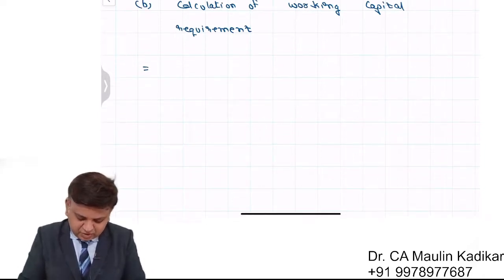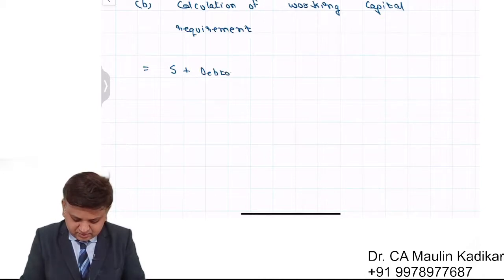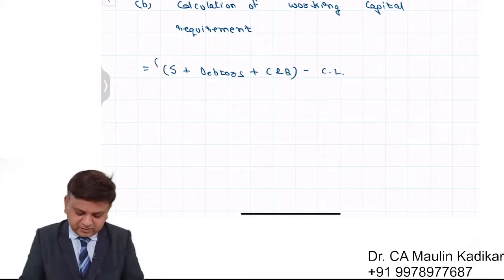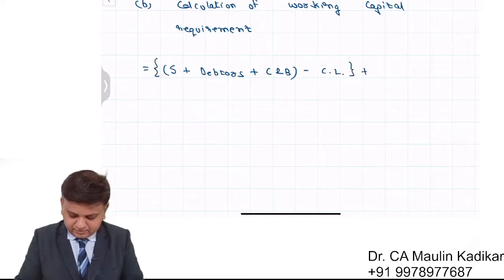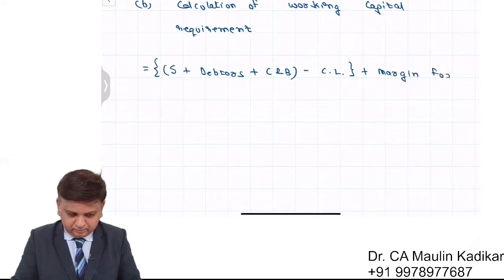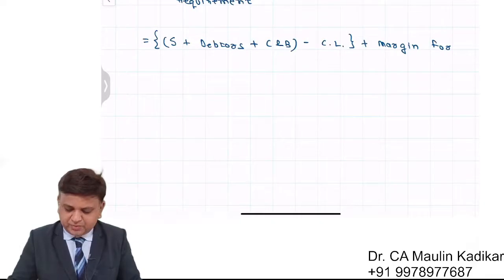The first is stock plus debtors plus cash and bank minus current liabilities. Difference of both of them is working capital plus margin for contingencies. Margin for contingencies or provision for contingencies is one and the same.